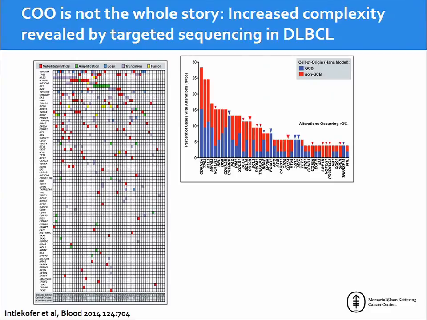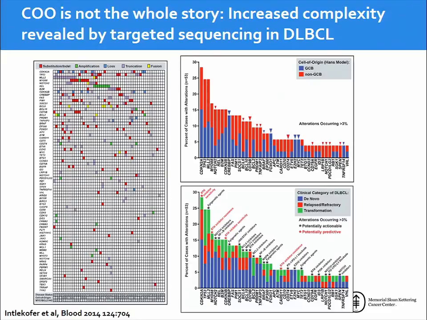There are some mutations that we see only in germinal center B-cell lymphomas. There are other mutations that we see only in activated B-cell large cell lymphomas. But you can see the vast majority of mutations are actually seen in both subtypes of diffuse large B-cell lymphoma, further complicating our understanding of the biology of these tumors.